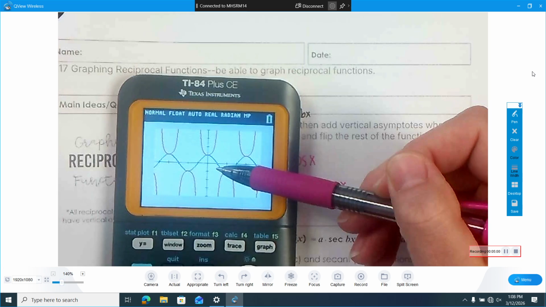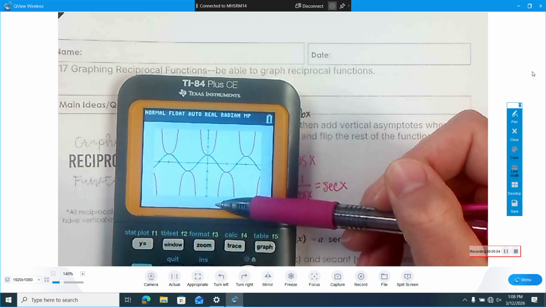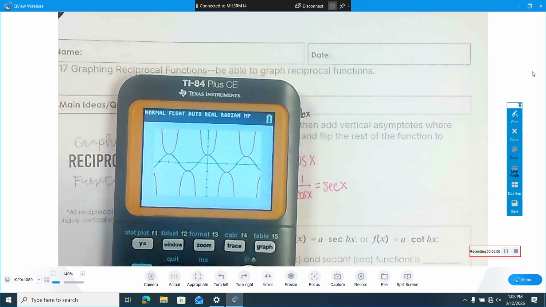Anywhere cosine crosses the midline, we get that vertical asymptote, and then these just up and down U's, okay? So it's really very easy to graph these functions. We're going to graph the parent, the main one, and then we're going to draw in our vertical asymptotes and do the little flips, okay?